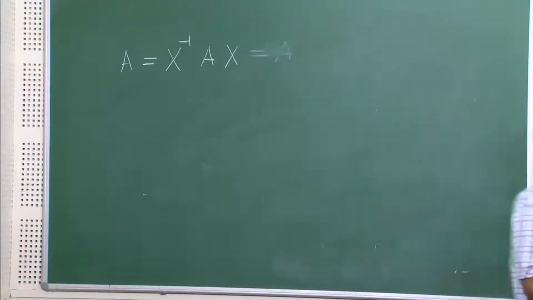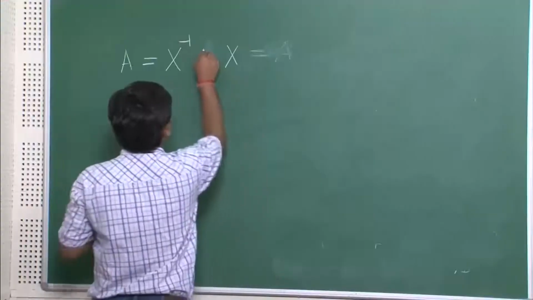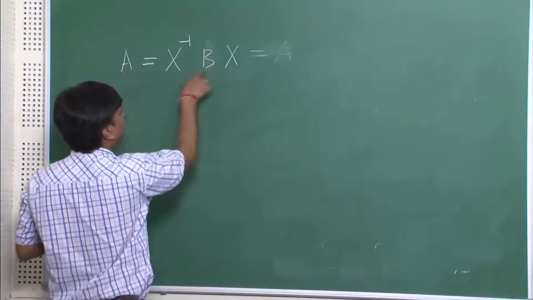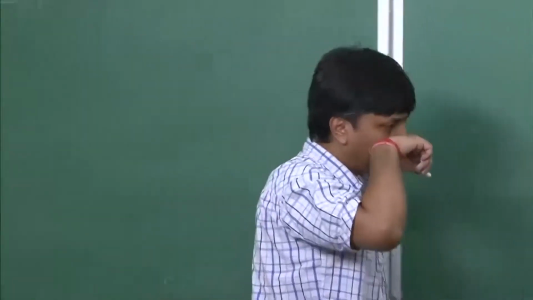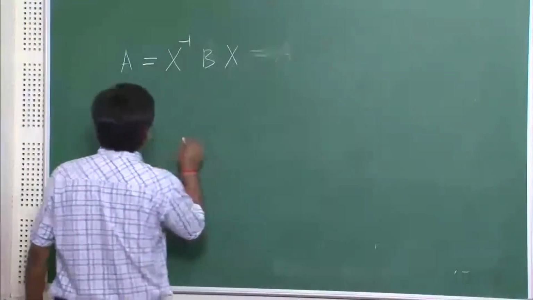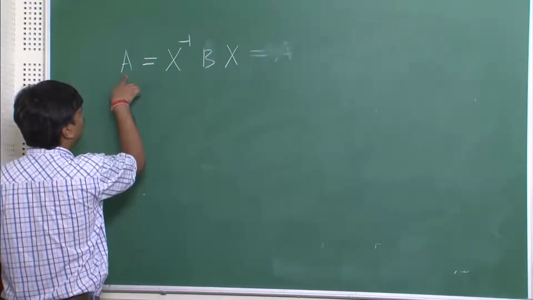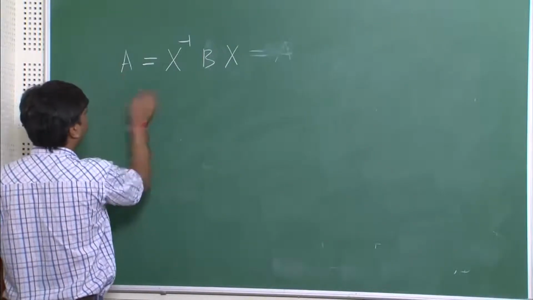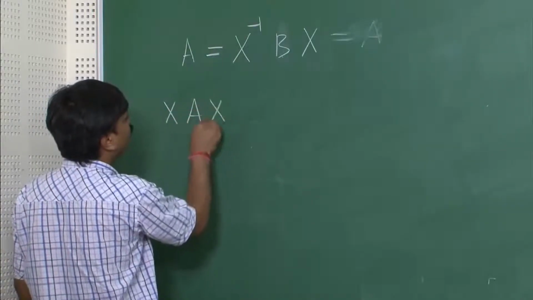So we start with A equals x inverse B x. So here A and B are conjugate. That means B and A are also conjugate. So B is also conjugate to A. Now how do I prove that? What I can do is left multiply A and this side also by x, and right multiply with x inverse.